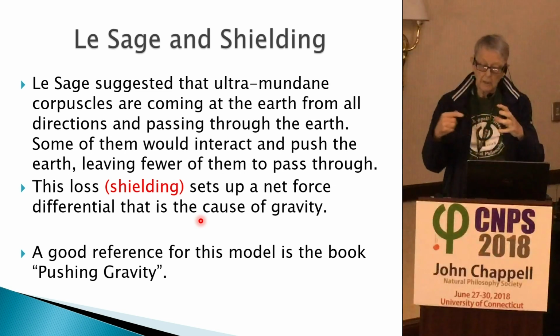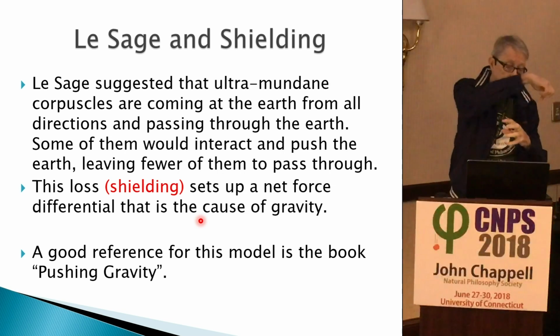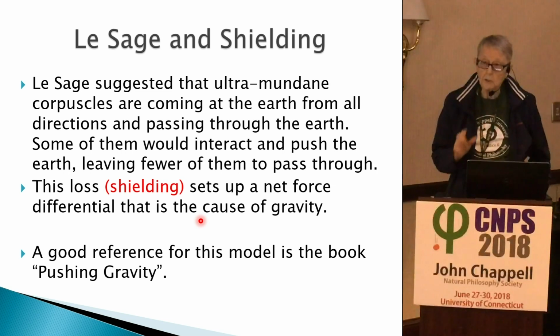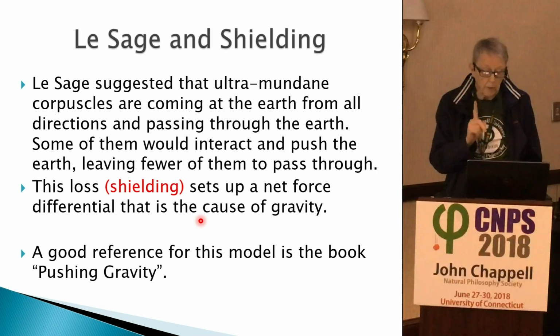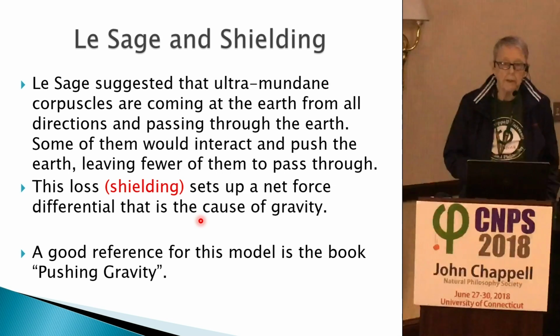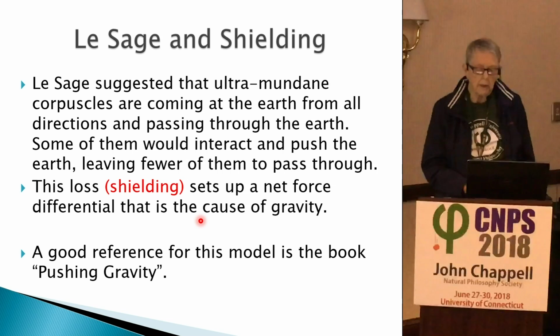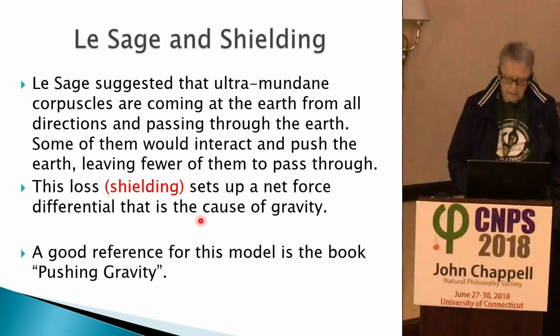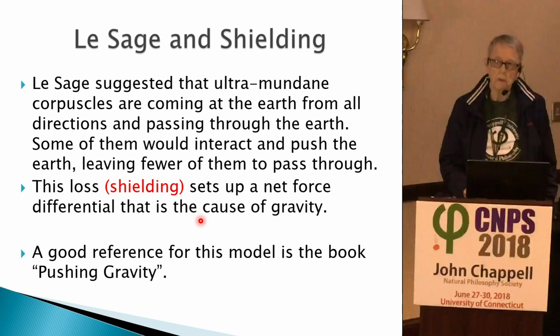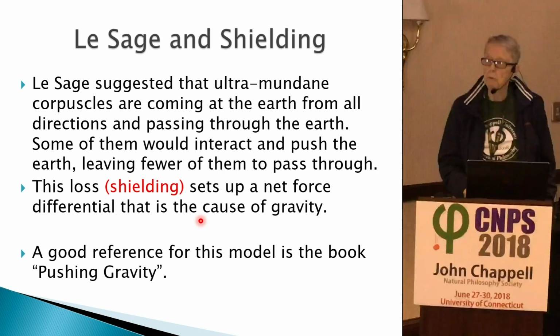In other words, you lose it going through the Earth, you don't lose it here, and now you have the net force of gravity just by shielding, even with one object. A good book on this is Pushing Gravity, printed by Apeiron and edited by Matthew Edwards. A lot of information is available about different aspects of pushing gravity.